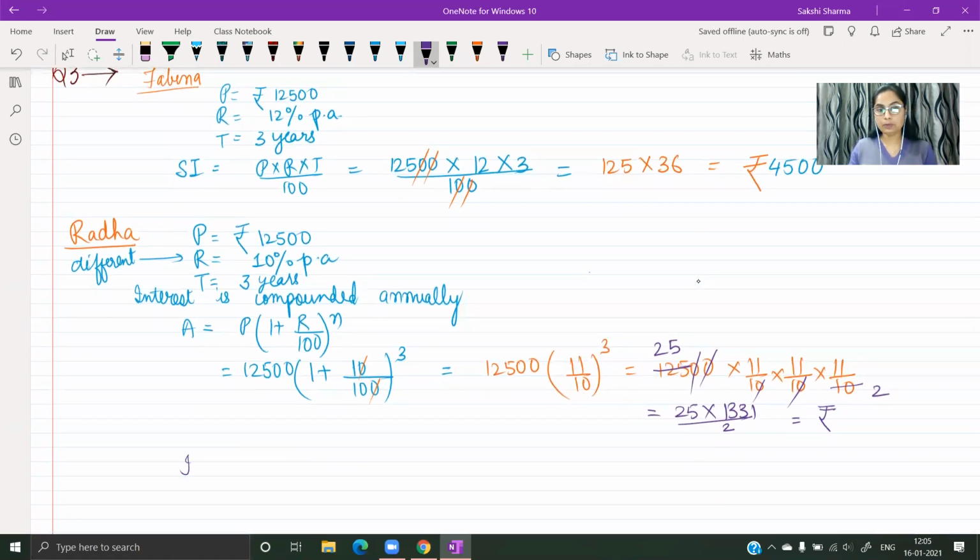And then we will find out the interest that Radha pays. Quickly calculate the amount that Radha will pay, and then we will find out the compound interest.